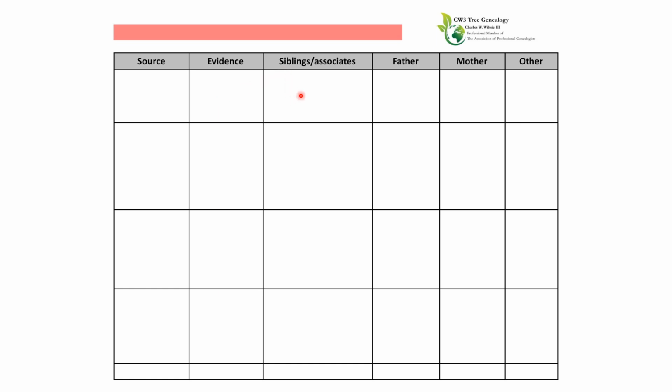Are there siblings or associates, father, mother, or other information that would verify? So this is your genealogical proof standard right here. You want to go 1, 2, 3, 4, maybe 5 or 6 even sources that guarantee that the information you're gathering about your subject is accurate. So let's take a look at that.